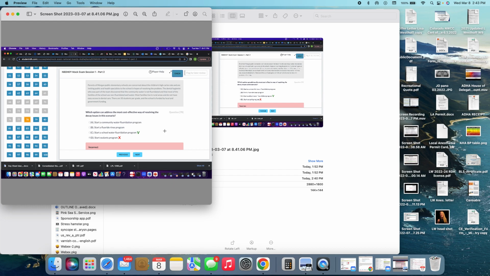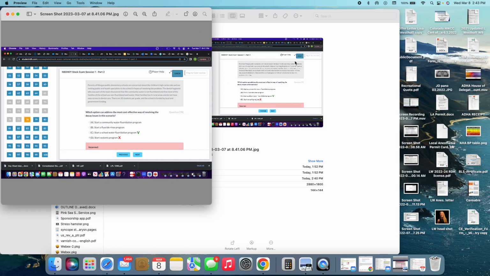But a fluoride rinse program initially could also be very cost effective. But when we're looking at the big picture, the next best thing to having a community water fluoridation is fluoridating the water that those children are going to drink the majority of the year while they're at school. So that's kind of the breakdown there.